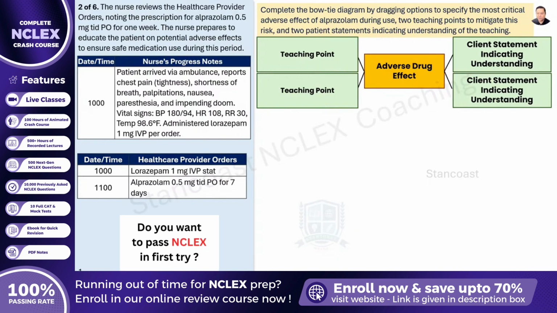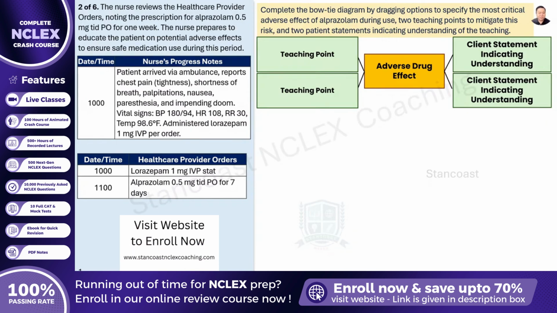So you have the nurse's practice notes regarding the patient's arrival at the ED via ambulance, and we have the entry of orders by the healthcare provider. At 10 in the morning, lorazepam 1 milligram IV push stat was ordered. At 11 in the morning, alprazolam 0.5 milligram TID PO for 7 days.